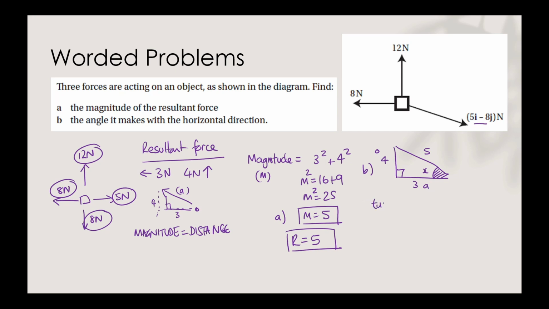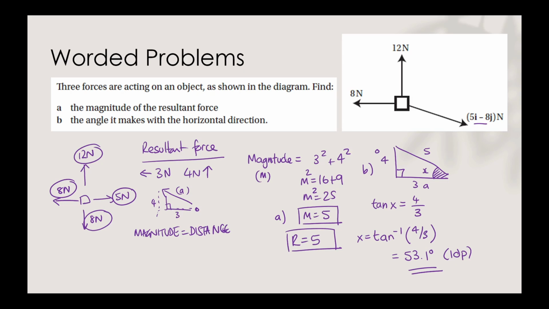So I've got tan x equals 4 over 3, in which then to work out x, that's going to be the inverse of tan of 4 over 3, which if I type that into my calculator gives me an answer of 53.1 degrees, and that's to 1 decimal place.